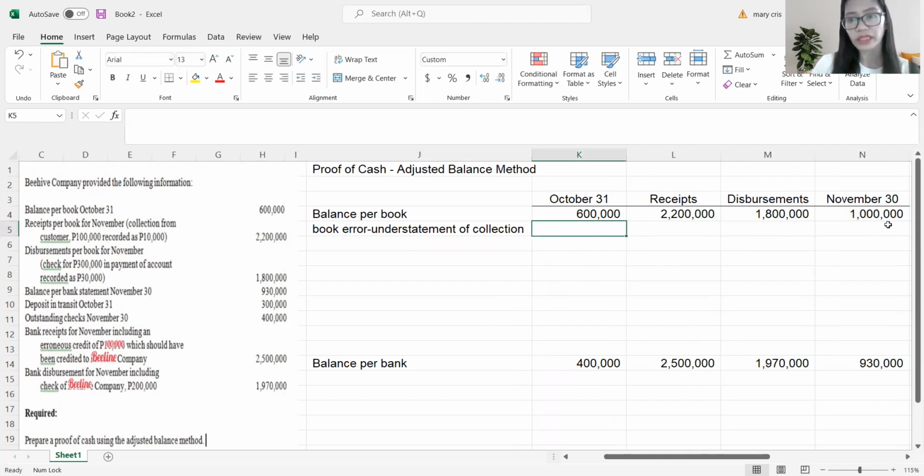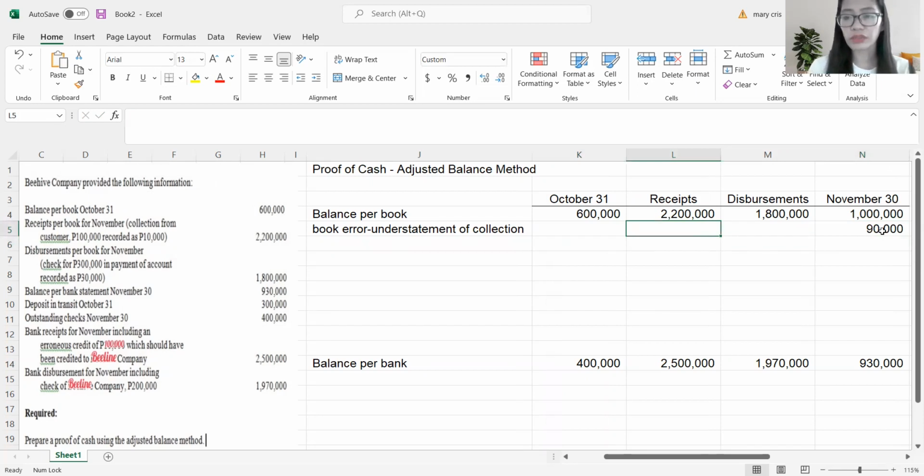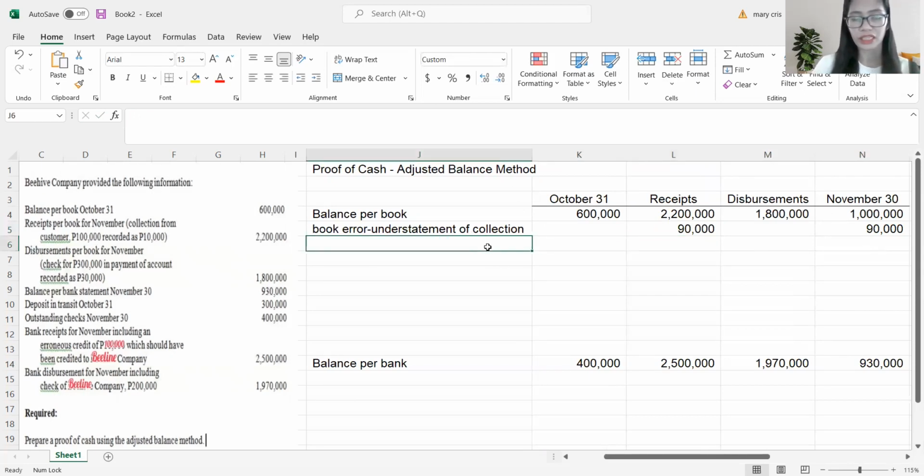So, kulang yung ating November 30 na balance amounting to 90,000. Aside na kulang yung November 30 natin na balance, of course, kulang din yung na-recognize natin na receipts for the month. So, i-add din natin siya sa receipts. That's how you analyze it, no? How you plot it in a proof of cash.